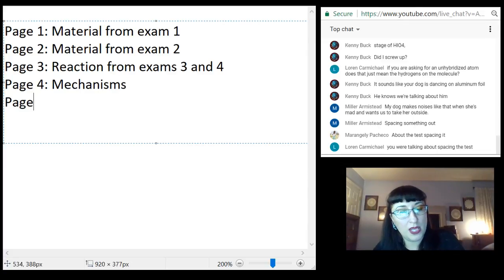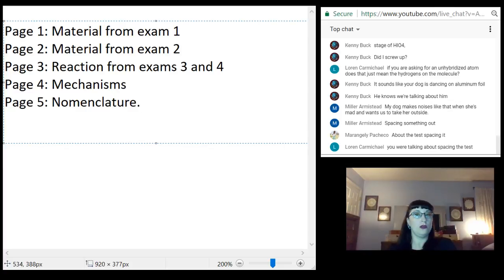And then page 5 should be familiar to you. That is nomenclature. I was going to make it 4 pages, but then you end up with problems that are worth 10, 15 points. So I was hoping if I put more on there, it would be more representative of the whole class and what you got out of it. So that's it though. I think I'll leave it at that.